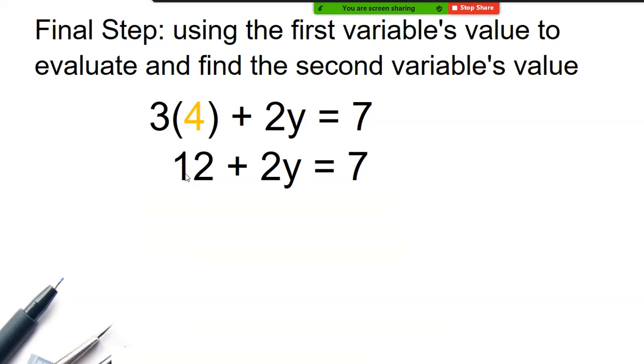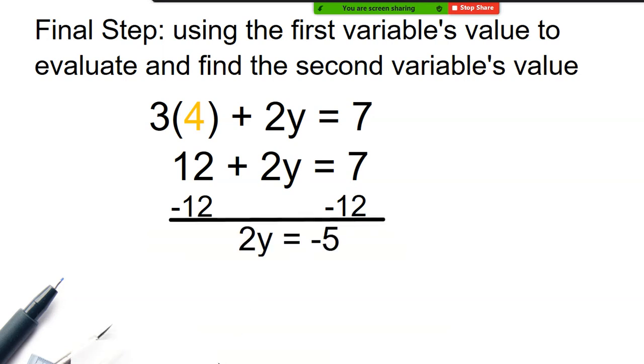Or what's the opposite of positive? And the answer would be negative. What I do to one side, I do to the other side. So 12 minus 12 is going to be 0. 7 take away 12 is going to be negative 5. Okay? The 2y comes down.